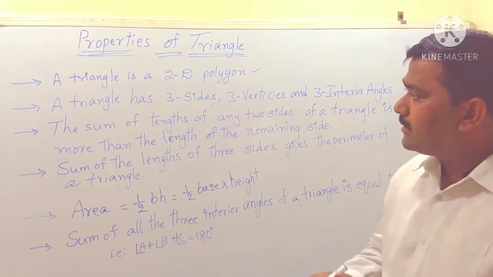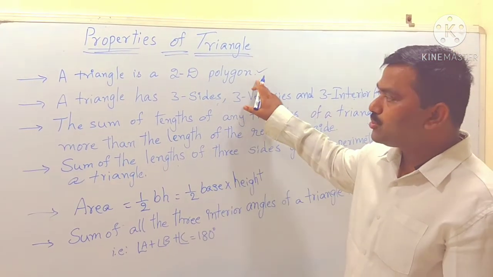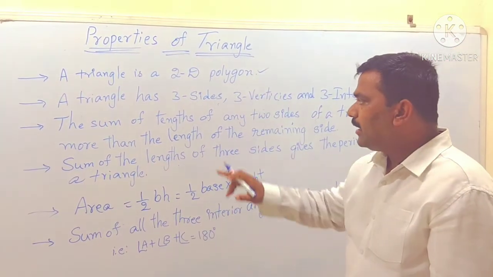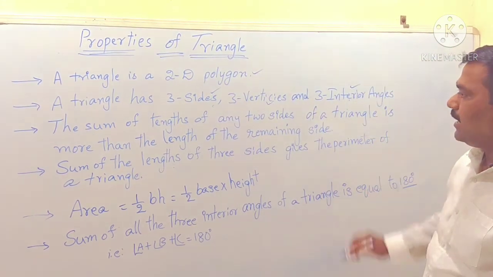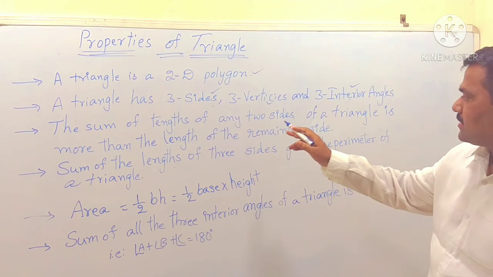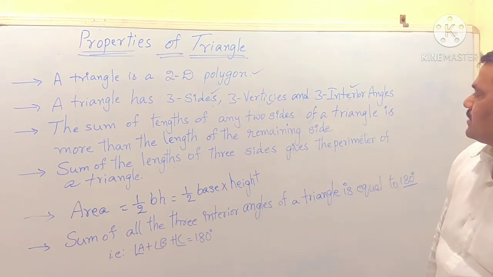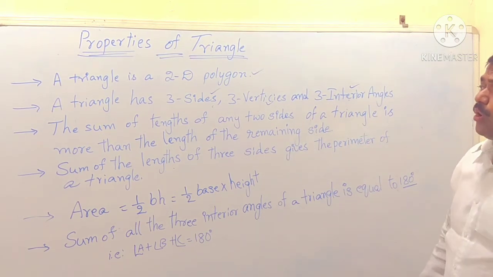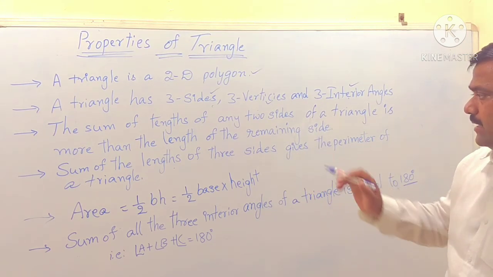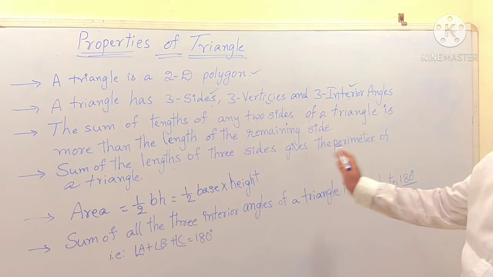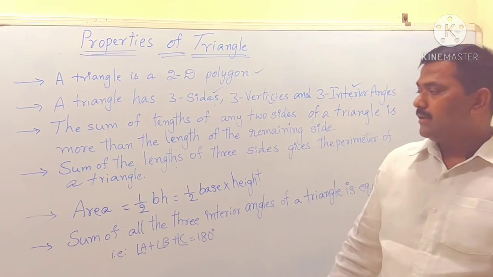Again, a triangle is a 2D polygon. A triangle has three sides, three vertices and three interior angles. Sum of the lengths of any two sides of a triangle is more than the length of the remaining side. Sum of the lengths of the three sides gives the perimeter of a triangle.